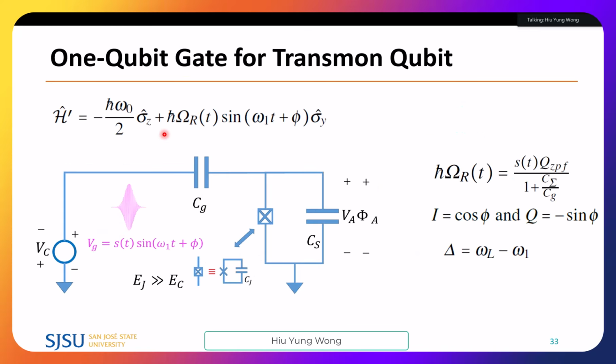And then how fast it rotates, what is the angle it rotates, completely depends on omega 1, phi, and omega R. And all these things are what? Circuit elements and the pulse, including the phase control, right? What is the phase of your pulse? What is the total capacitance of the circuit? What is the gate capacitance? What is the pulse shape?